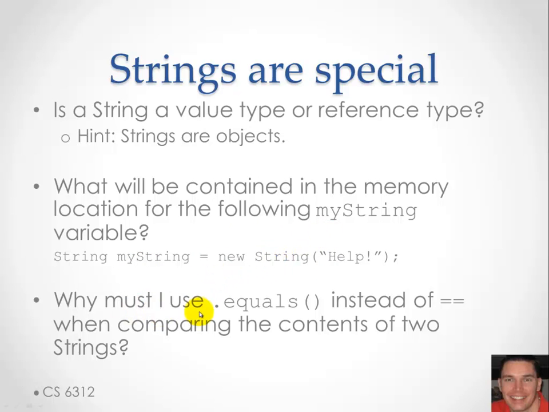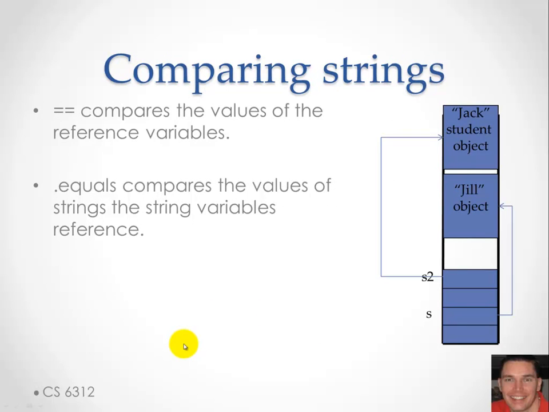Now we have to ask ourselves, why do I use dot equals instead of equal equal when I'm comparing the contents of two strings? I've got a couple of examples here. Let's say I had code where I make s and I make a new Jill object. So now s makes a new Jill object on the heap, and s points to that. s2, with that I've made a new Jack object, and s2 then points to that object.